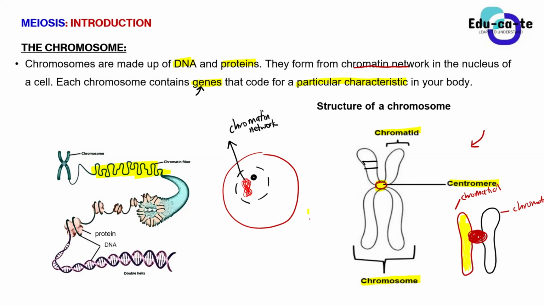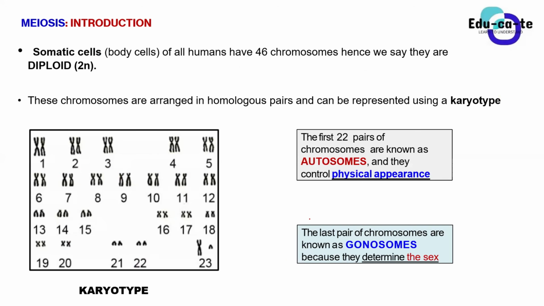Alright, now that we have an idea of what chromosomes are, we now need to go to what is known as somatic cells. Whenever you see the term somatic cells, this is the same thing as saying body cells. We know that the cell is the basic unit of life.